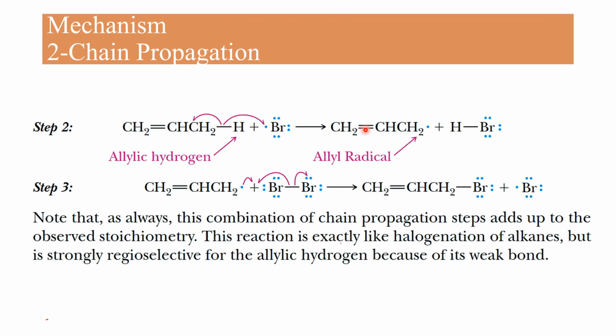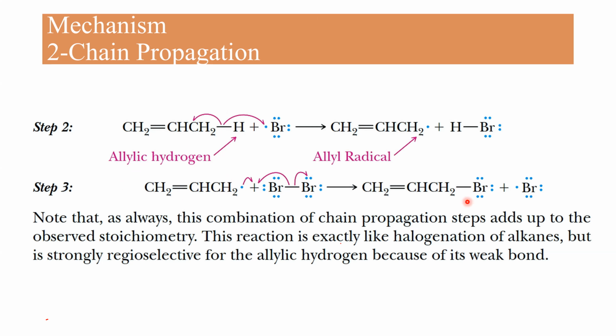And then the allylic or allyl radical is formed plus HBr. Now this is a propagation, where one radical is instigating another neutral species to become a radical. And this allyl radical is instigating this Br2 to break its bond and convert into the Br radical, because it needs some radical to combine with.